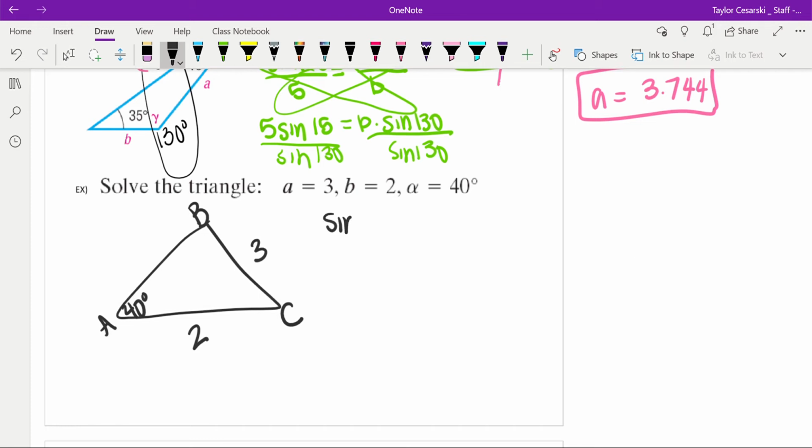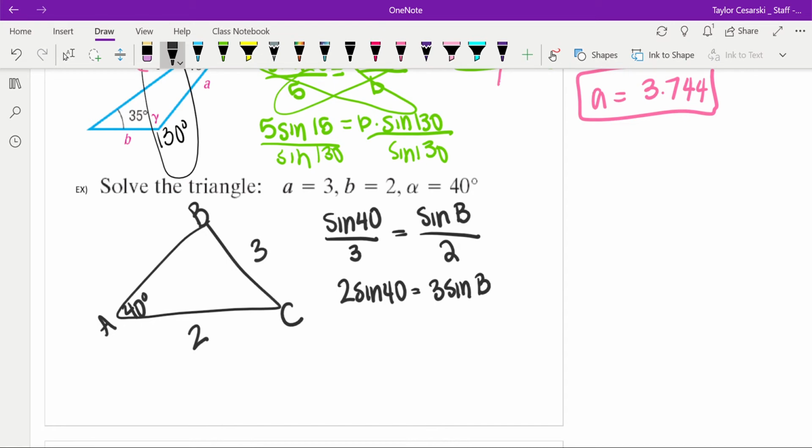So sine of 40 over 3 equals sine of b over 2. Okay, so this time I don't know the angle, but I know the other side. So 2 sine of 40 equals 3 sine of b. Sine of b equals 2 sine of 40 over 3.